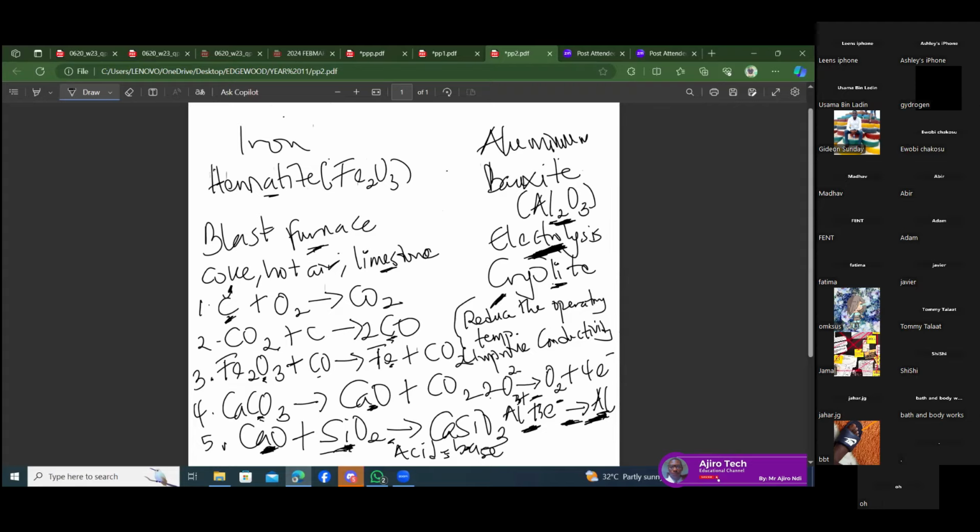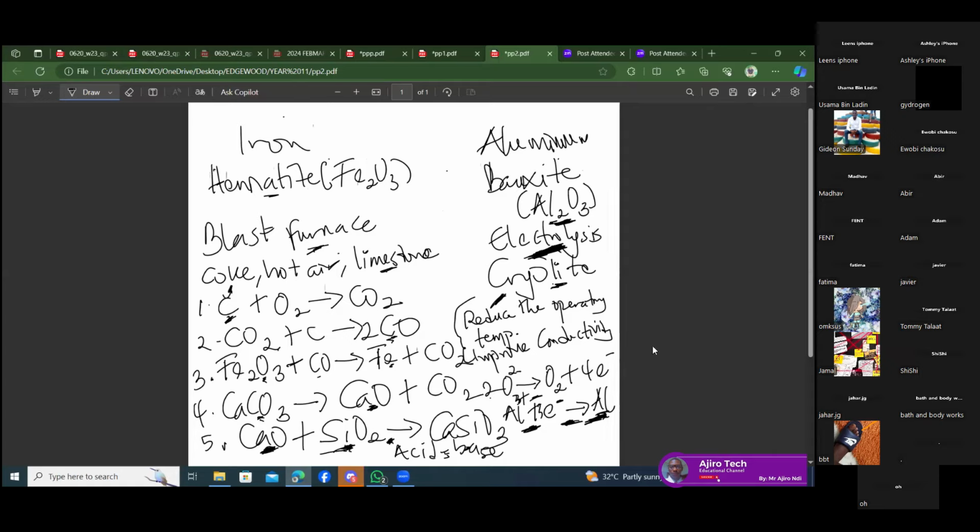That's for iron, not aluminium. The iron gotten in that case is in the molten state because the temperature of the blast furnace is above the melting point of the iron. So that is what you simply have as far as extraction is concerned.